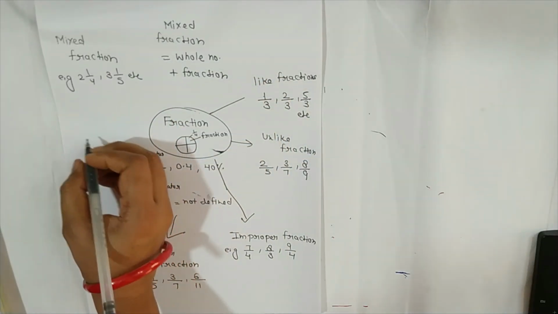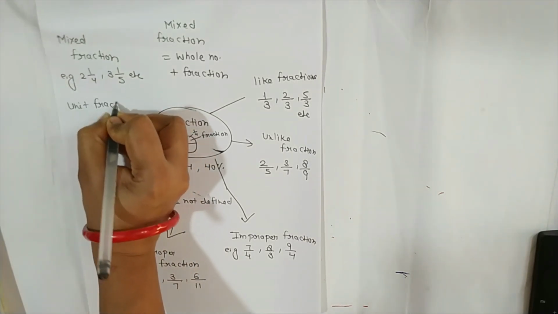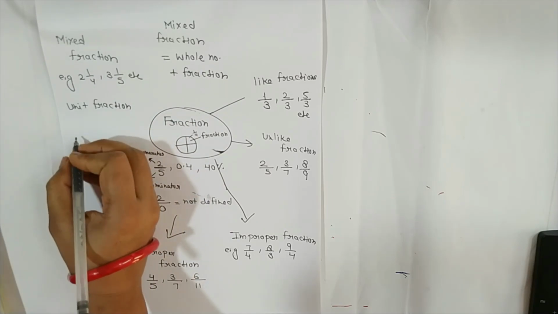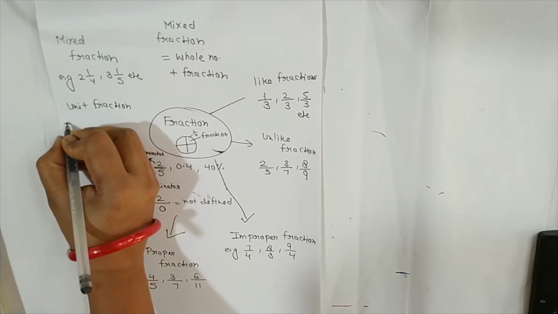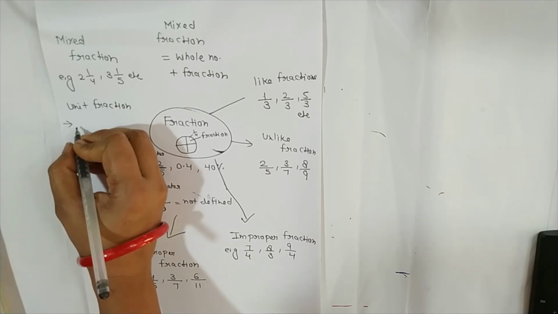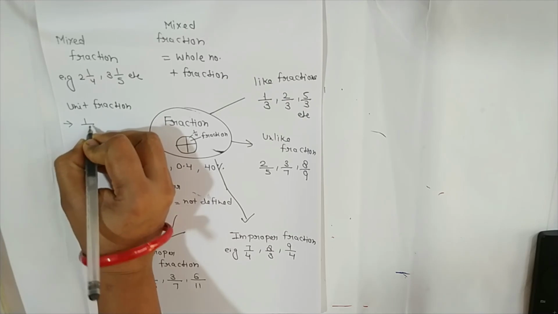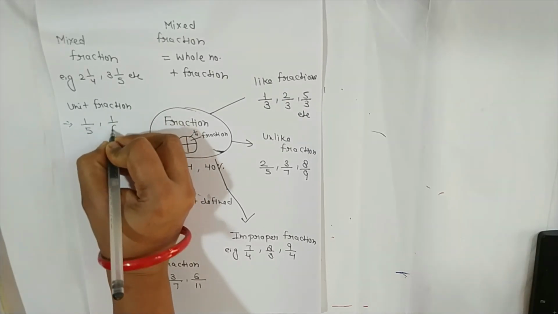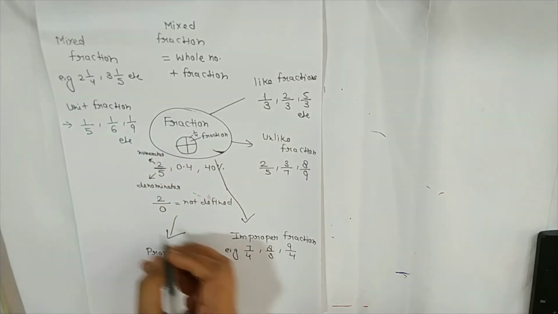Then unit fraction, in which numerator is always 1. So you can say that a fraction that has 1 as the numerator is called a unit fraction. Suppose 1/5, 1/6, 1/9, etc. Okay.